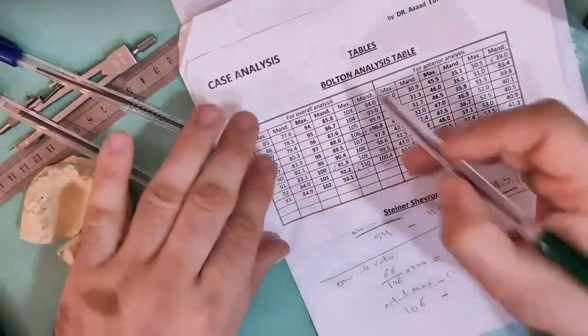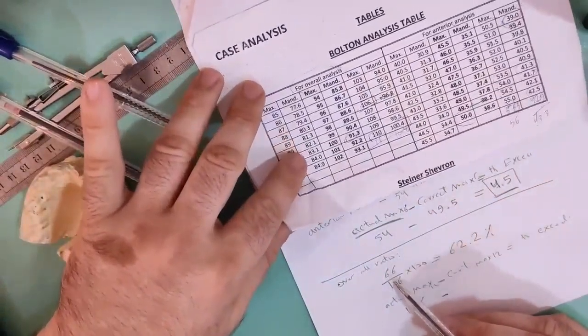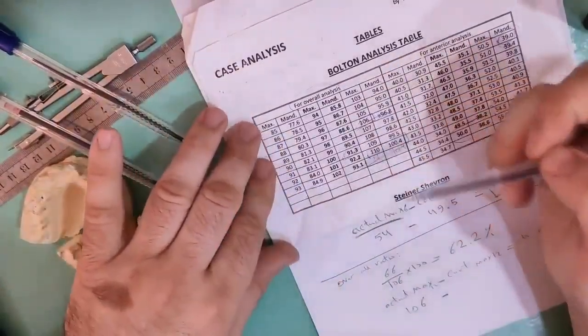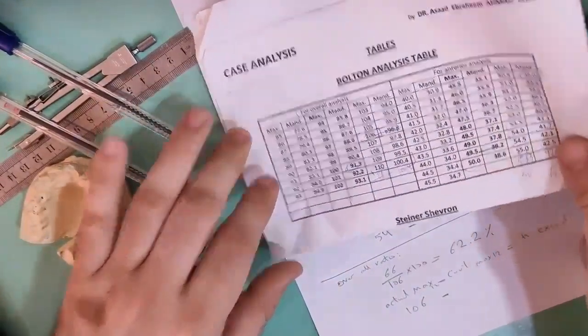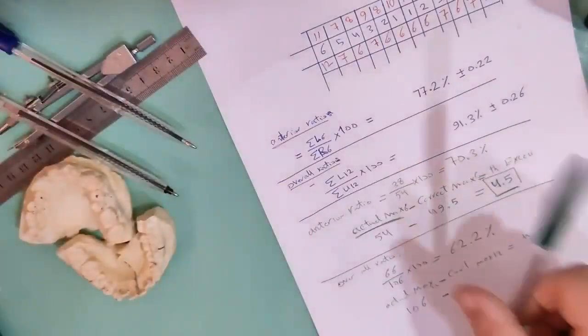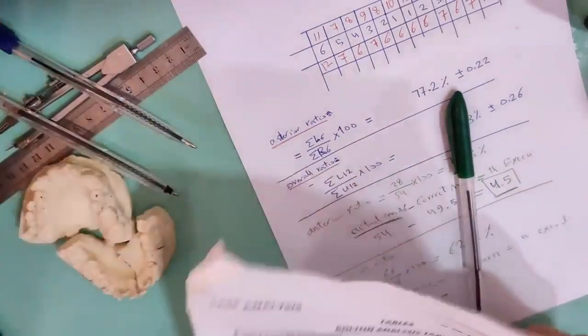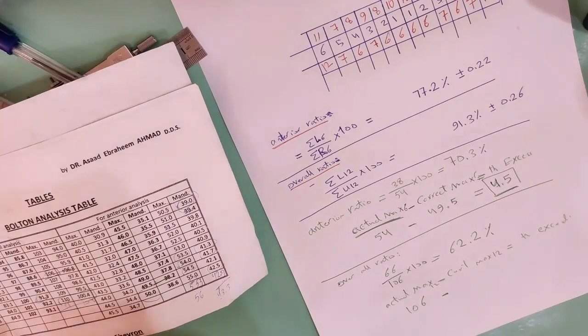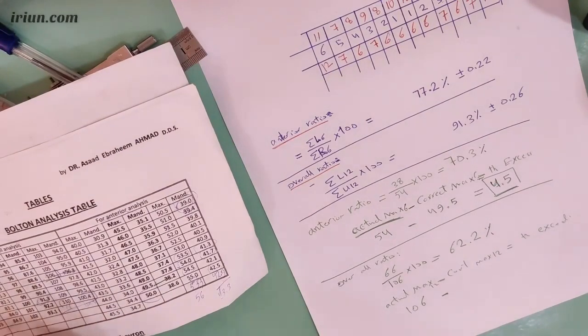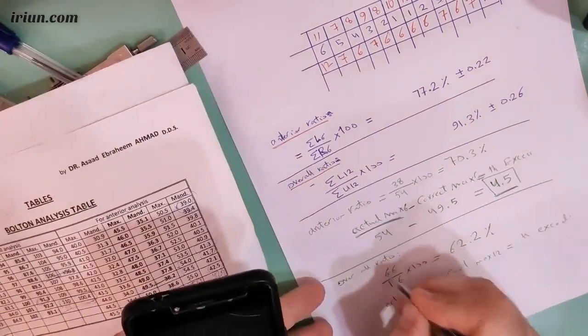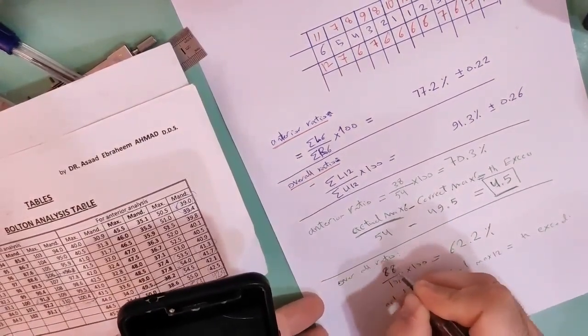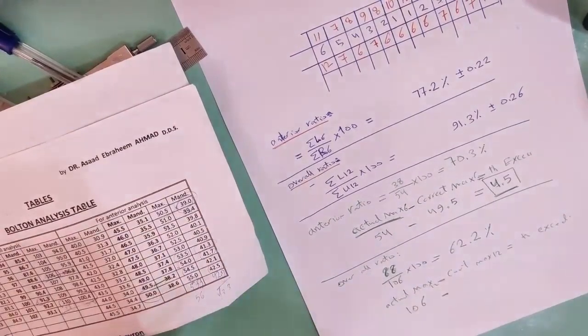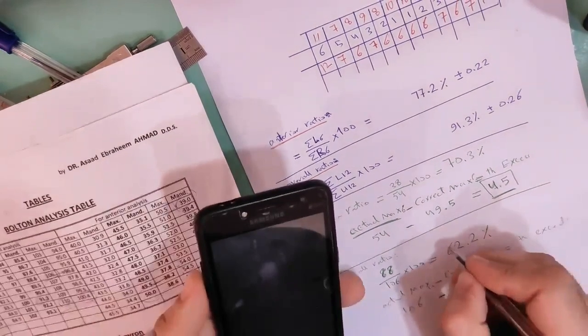So the correct maxilla, according to the mandible 66, sorry, it's not 66. I redid the calculation, it's 88 here. 88 multiplied by 100, it's 83.83.